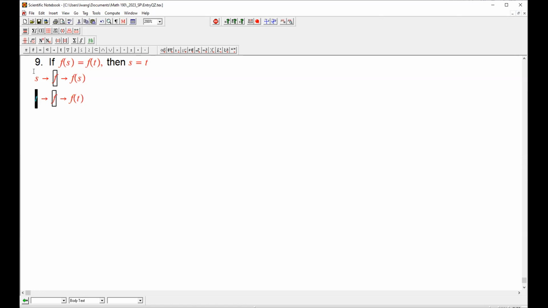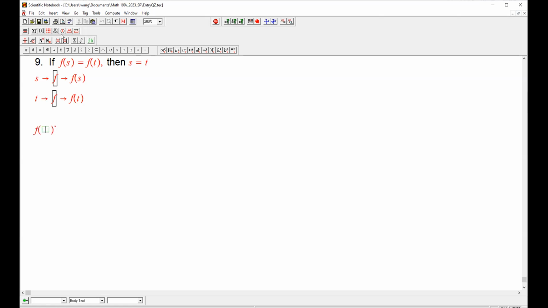And is that true for any function? Then you start to think about when it is true and when it is not true. Certainly it's not always true, but in other cases it is true.